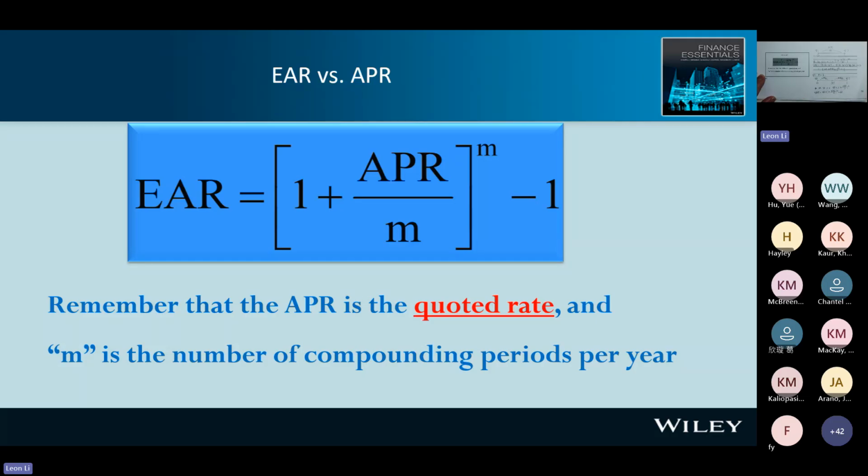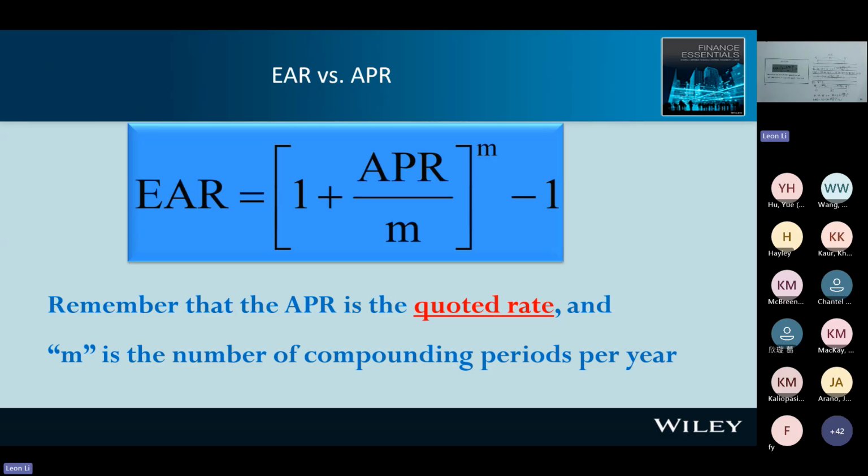For me, this formula is understandable if you know this timeline. So please know the rate you see in the market is APR. It's not EAR. When you compare 2 investments or 2 loans, you use EAR for the comparison because EAR considers the compounding effect, and we need to consider the compounding effect because money can earn money.